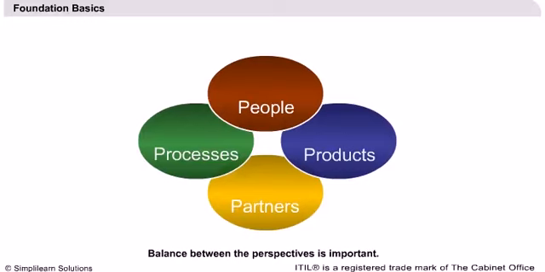Products. The products are the tools, services, and technology used in the delivery and support of the services. Processes. Processes support and manage the services being offered so that the services meet customer expectations and agreed service levels. All processes must be measurable. Partners.